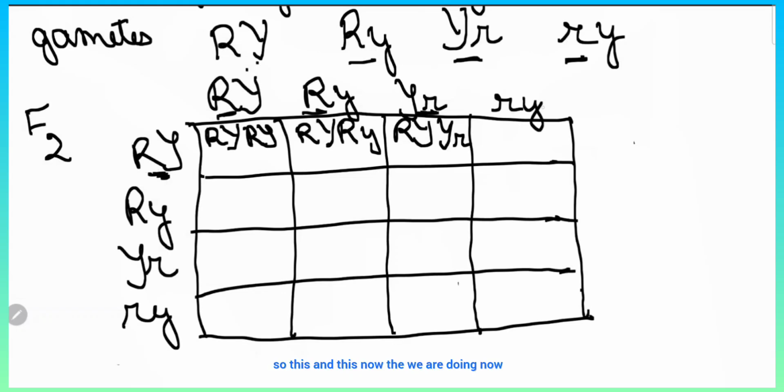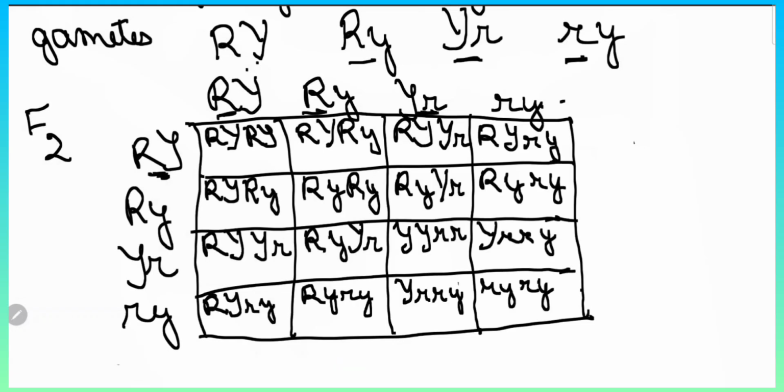See here, this is the combination that we are doing. So students, see, I have made the entire cross. Now I have completed the table, and now let us start counting the phenotypes.